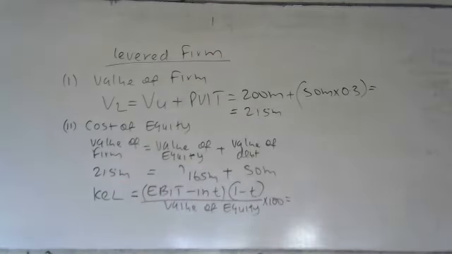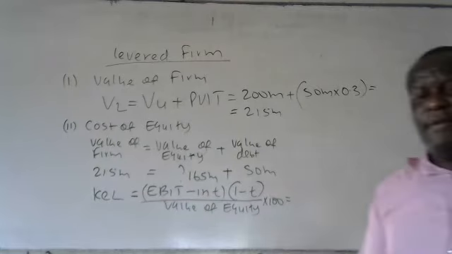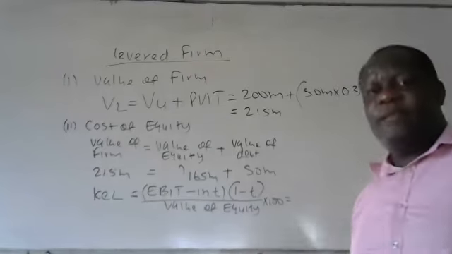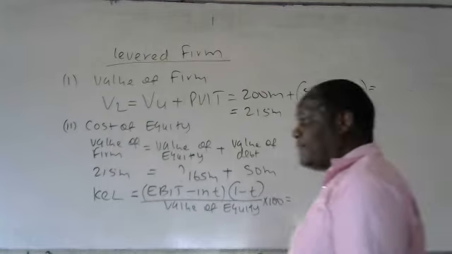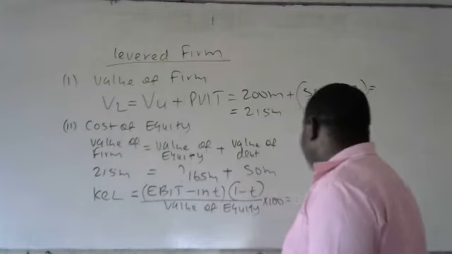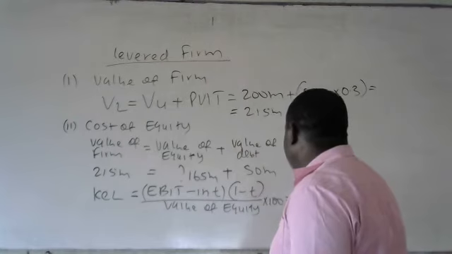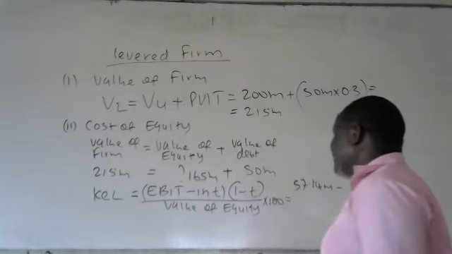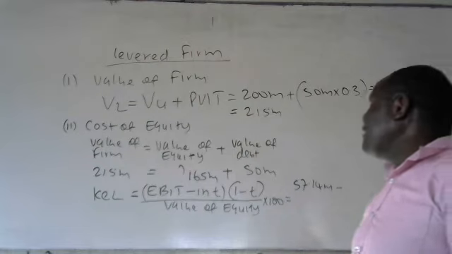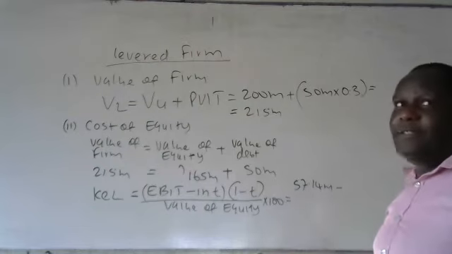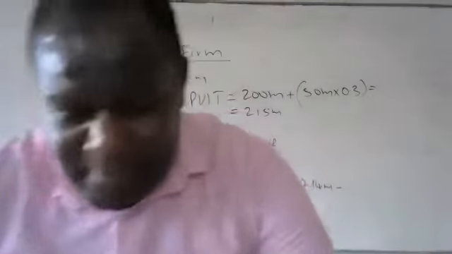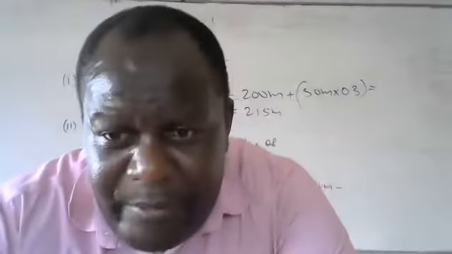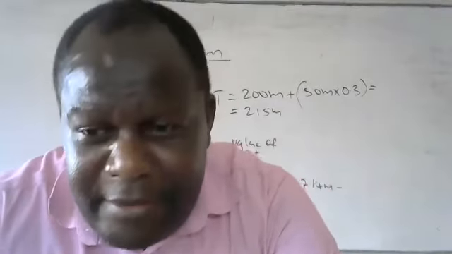We had calculated our earnings before interest and tax, the profit, as 57.14. Now get the interest: the interest rate is 12% of 50 million, which comes to 6 million.